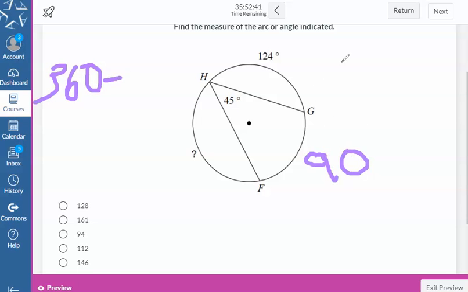I can take 124 and 190 and add them together, and I get 214. So if I subtract 360 minus 214, I'm going to get the answer, which I believe is 146, right? That's right, Ethan? Yeah. So 360 minus 214 is going to be 146.